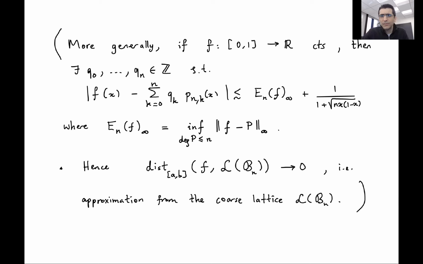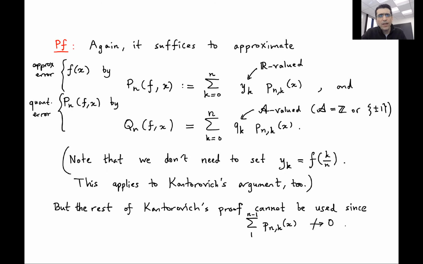So I might leave this out for now, but I'm just going to talk about the proof, why this works. I know that I will probably not get all the way to the end of this talk. So at least one result has been stated, and I would like to talk about why this result holds.